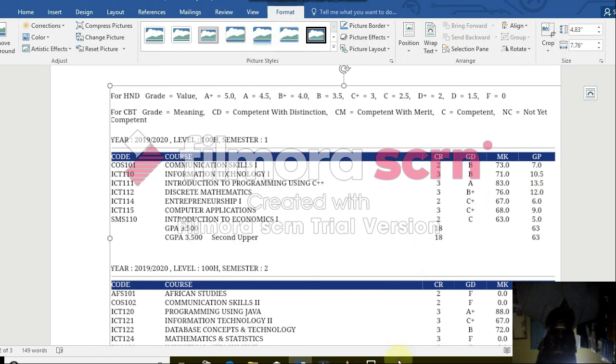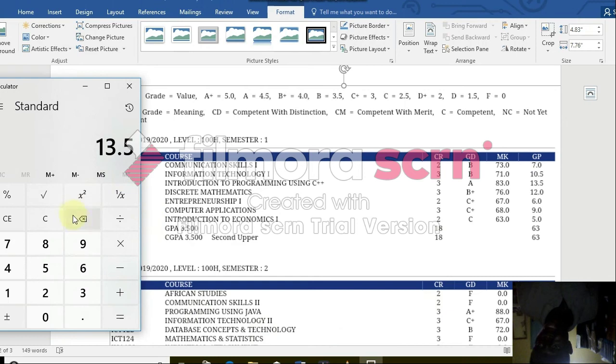Let's take the last example, economics. The person had C in economics. The value for C is 3, so we multiply 3 by the credit hours, which is 2 hours. That gives 6.